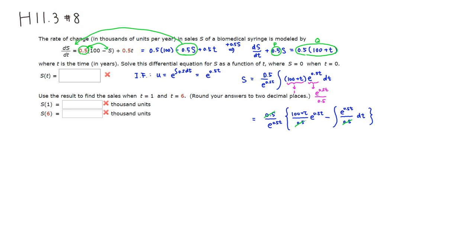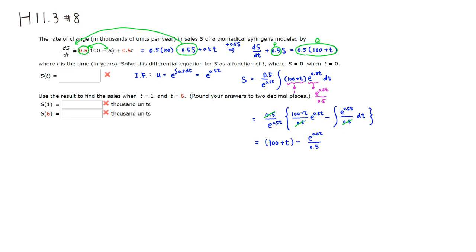Then I'm going to go ahead and cancel those. So e to the 0.5 t on the bottom and on top cancel out. So you end up with simply 100 plus t, minus the antiderivative of that, which is e to the 0.5 t over 0.5 again.